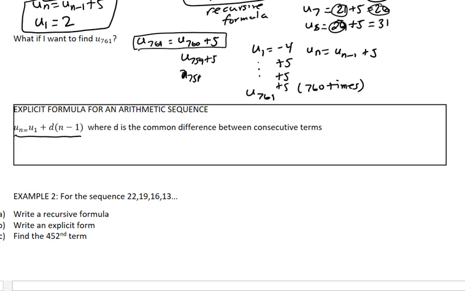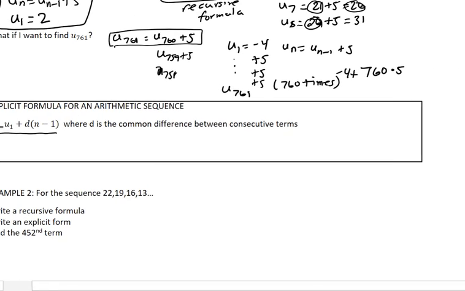So repeated addition, if I'm going to do it 760 times, wouldn't that be 760 times 5? And I started at negative 4, so I would take negative 4 plus 760 times 5.